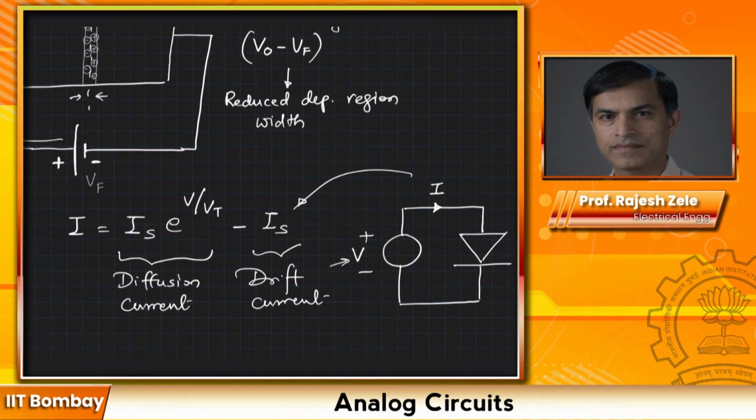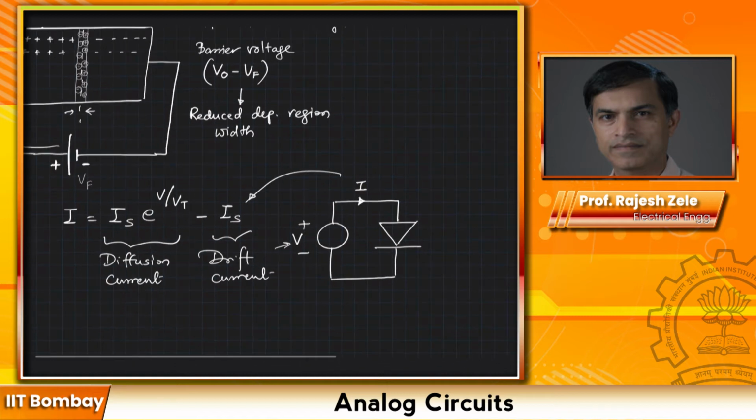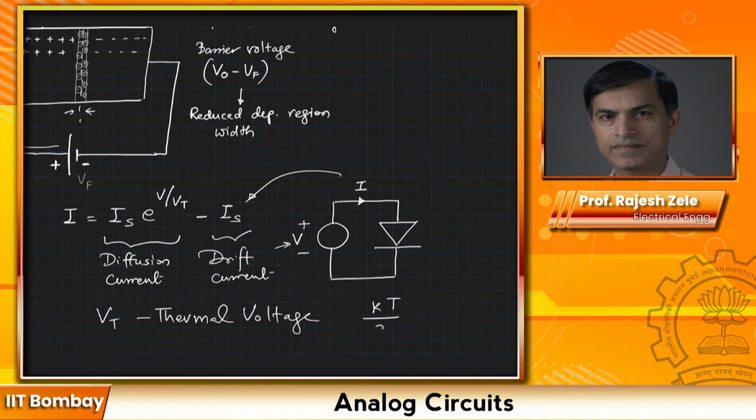Before that, let me explain: Vt is called thermal voltage, and it's given by kT over q, k being the Boltzmann constant, T being the temperature in degrees Kelvin, and q is the charge, Coulomb.